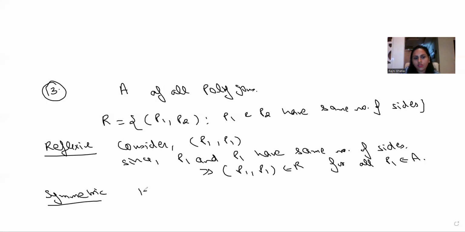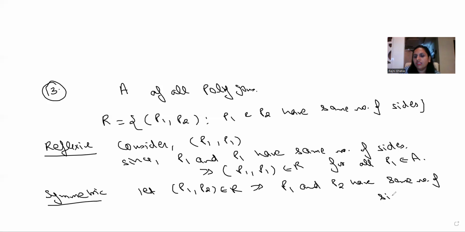For symmetric, we are going to write let P1, P2 belong to R. Now this implies P1 and P2 have the same number of sides.